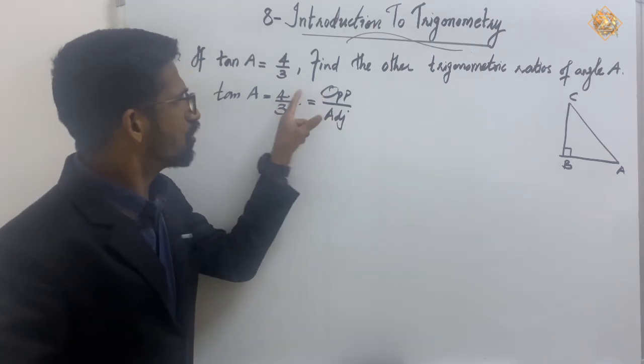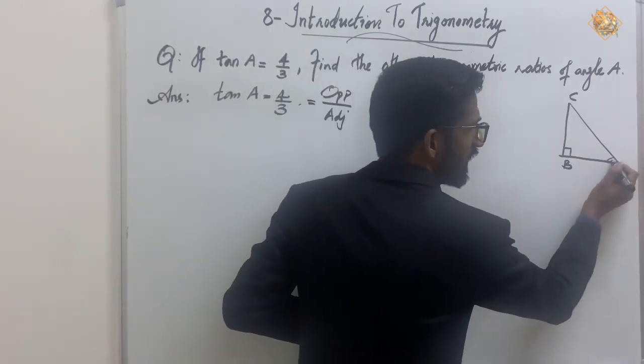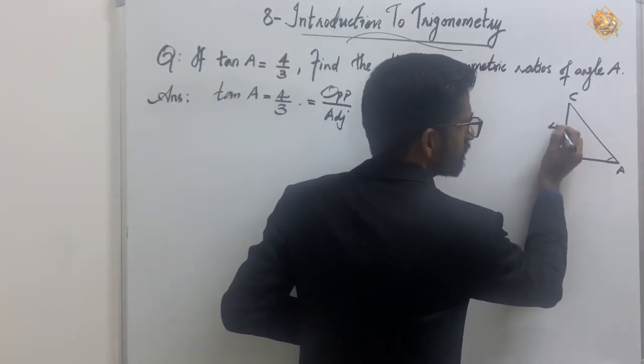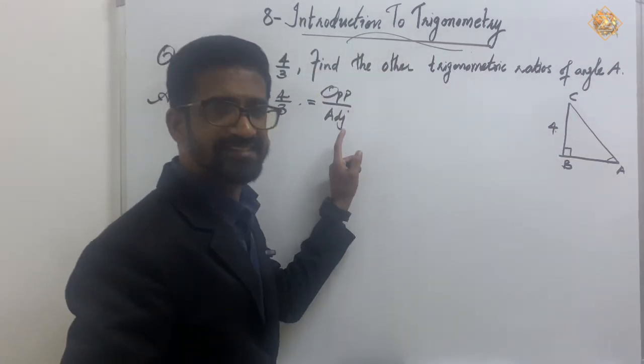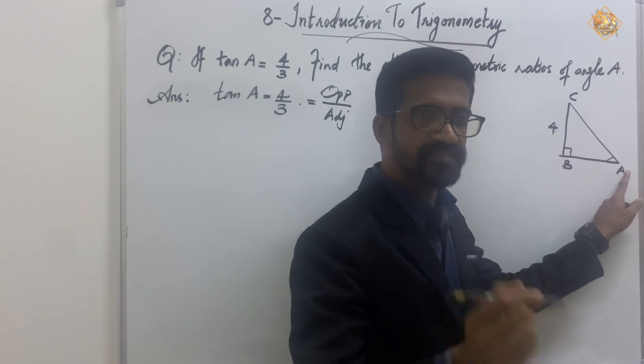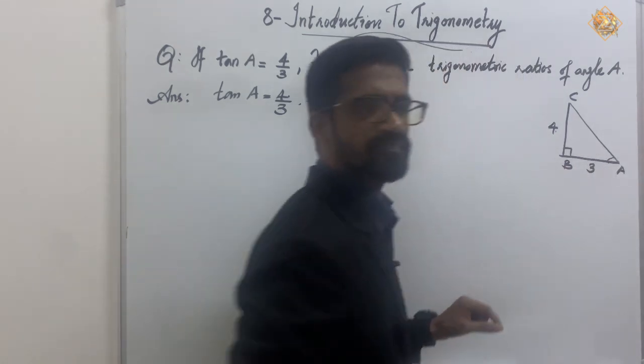So 4 is the measure of the opposite side, so here we can mark 4 as the opposite of A. And 3 is the measure of the adjacent side.